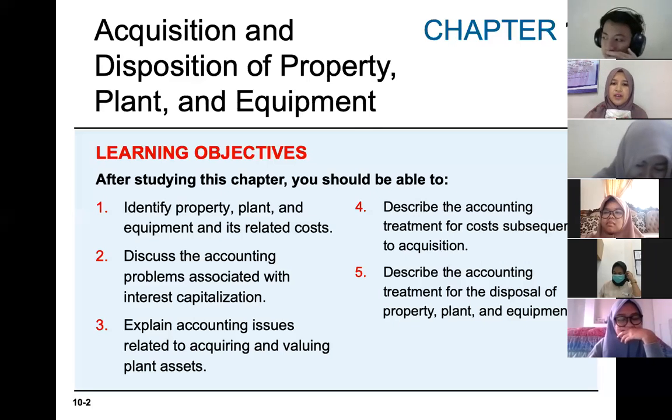Okay, so that was the current assets. Now we are moving into the long-term assets or non-current assets, which among others, the main non-current assets are property, plant, and equipment.